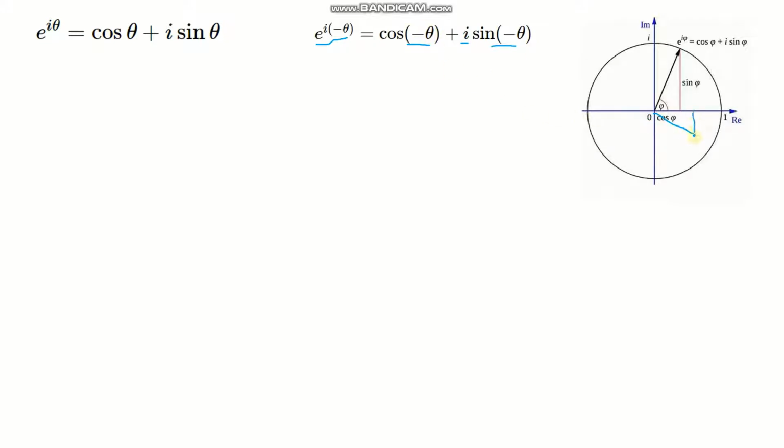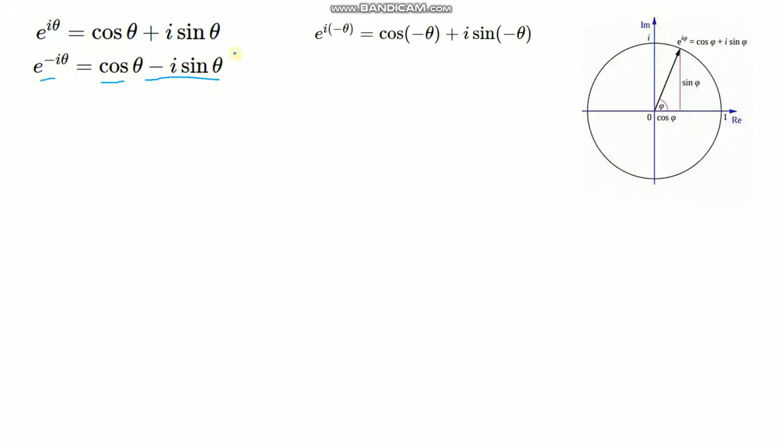So cosine negative theta is still positive cosine theta because its adjacent part is positive, while sine negative theta is the same as negative sine theta because its opposite is negative. So this equation is the same as e to negative i theta equals cosine theta minus i sine theta.